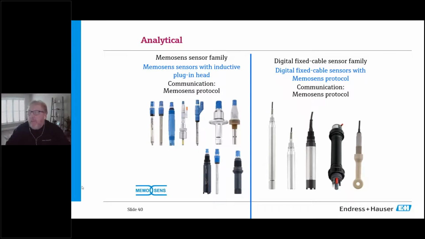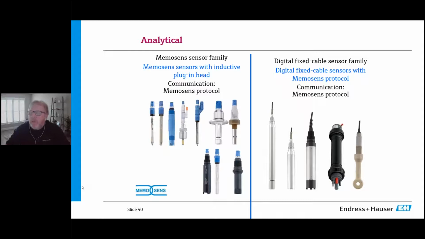These are what we call a quick disconnect or an inductive coupling. So we basically have a sensor, and then we have a matching coupling that has the cable coming out of it that goes up to our transmitter. So all these sensors that carry this blue head can be quickly changed in the field by just a quick disconnect. You can plug in a new sensor, tighten up the disconnect, and put it right back in the soup.